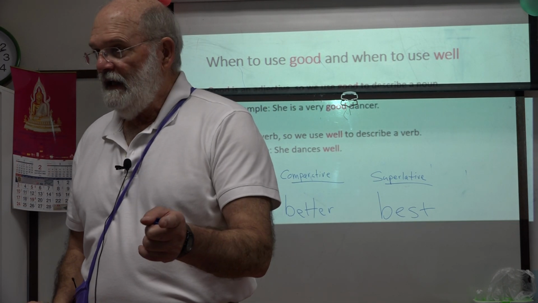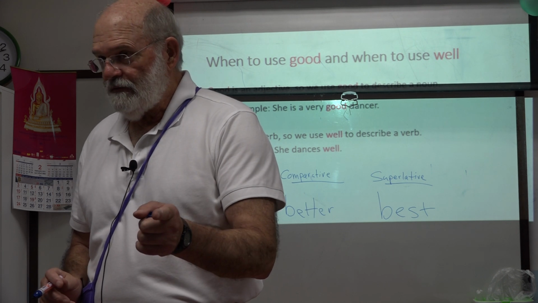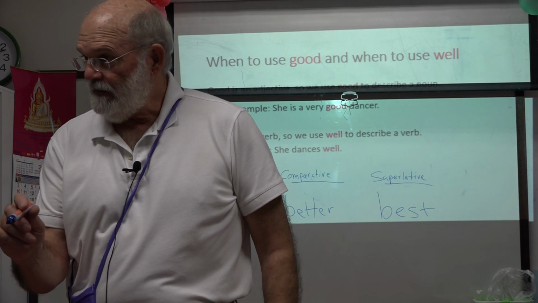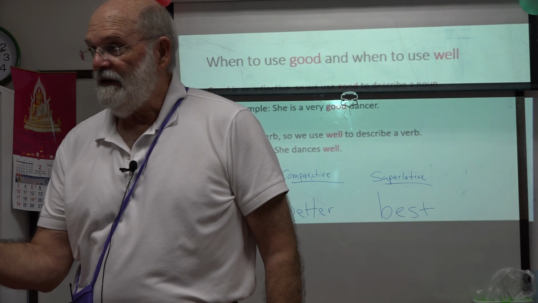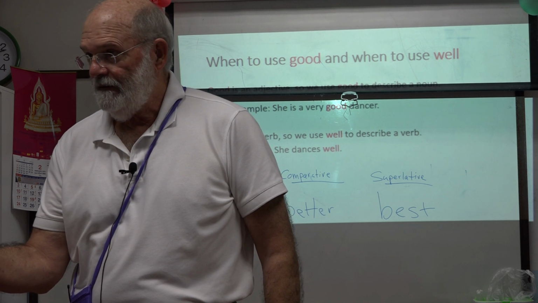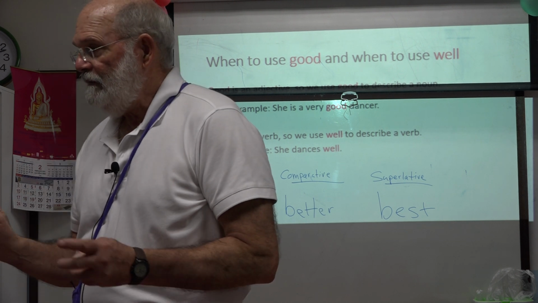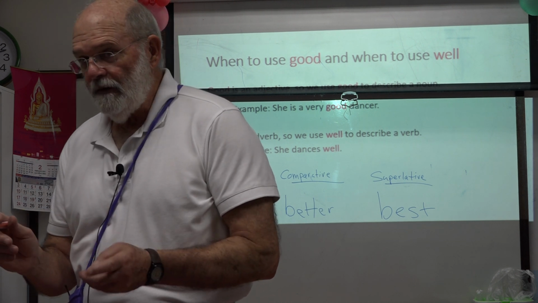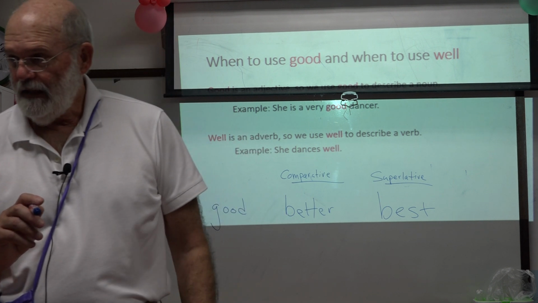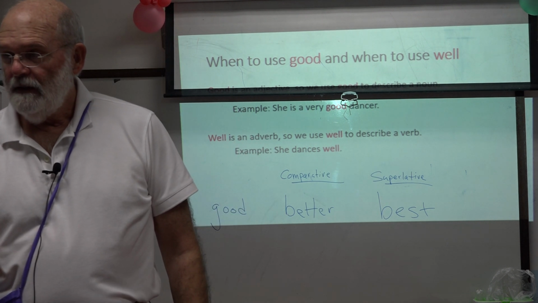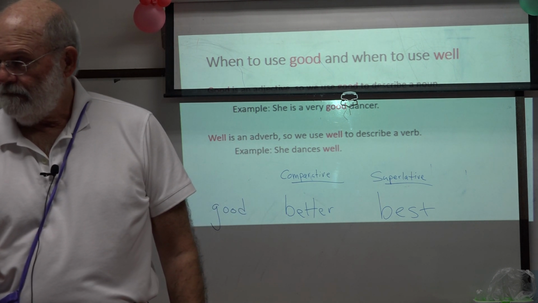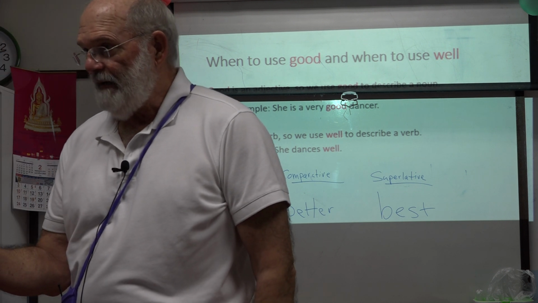So she is a good dancer. She is a better dancer. She is the best dancer. But if we were modifying a verb, we would say she dances well. She dances better. She dances best.